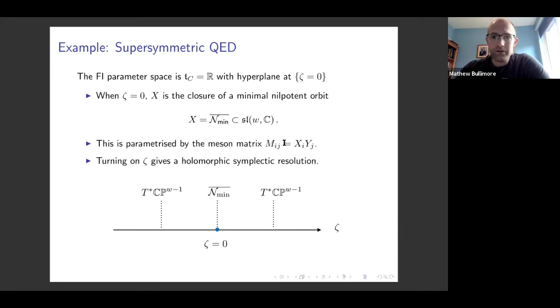And the constraints imposed by the equations, you can check, tell you that this matrix has to give you an element in the minimal nilpotent orbit inside SL(W). So this is a conical space, and when you turn on the Fi parameter, you're resolving it. So a slice of this thing looks like this here. We've got a real line. If the Fi parameter is positive or negative, I get a copy of the cotangent bundle of projective space. And then at the origin, I have a closure of a nilpotent orbit.